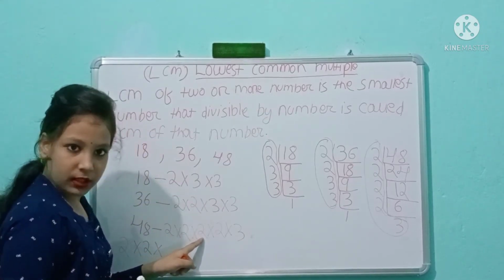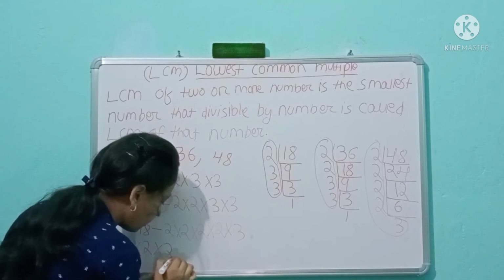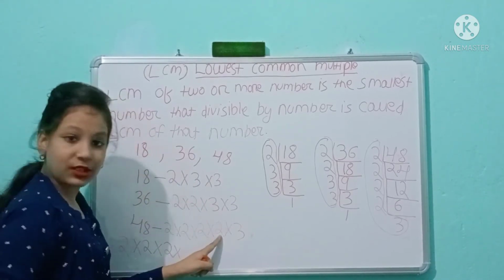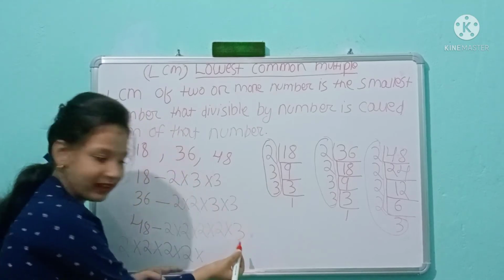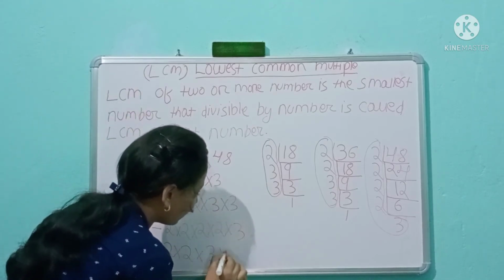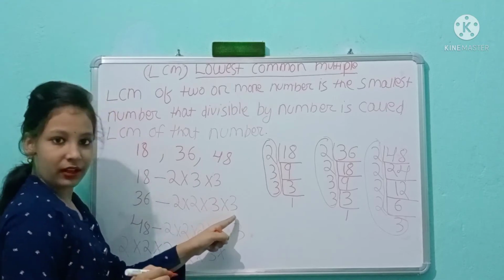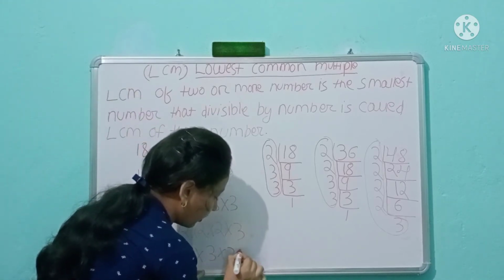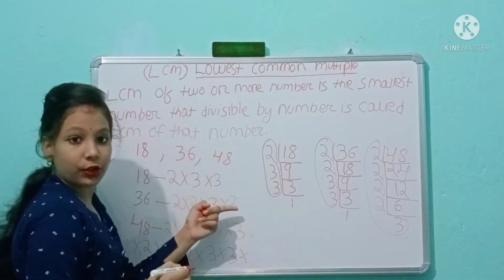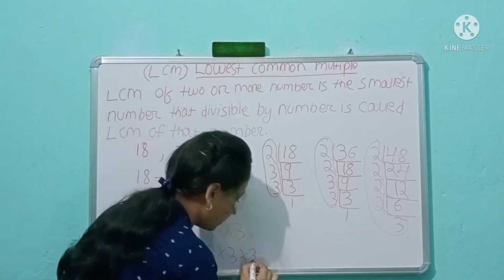Here is also 2, so I write here 2 into. Here is also 1 2. So I write here 2 into 3 into. Here is 3. There are two 3s. For two 3s we write one 3 into. Here is also two 3s. For two 3s we write 3.